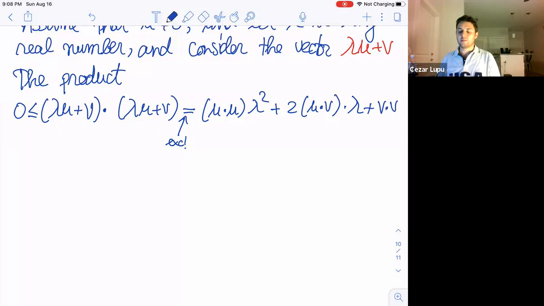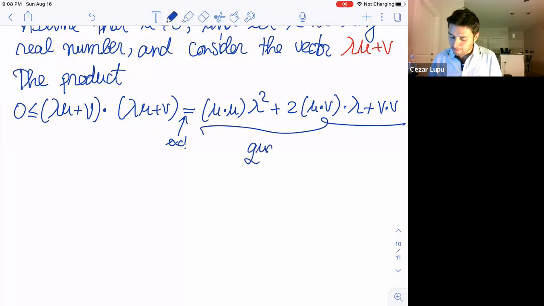And I know that this is a quadratic function, and I know that it is non-negative. Well, let me explain it a bit.